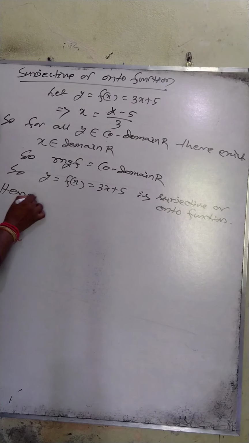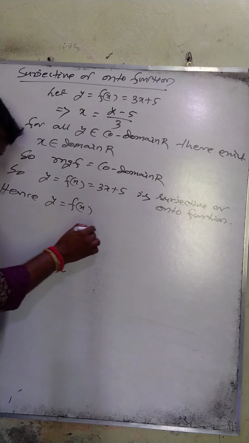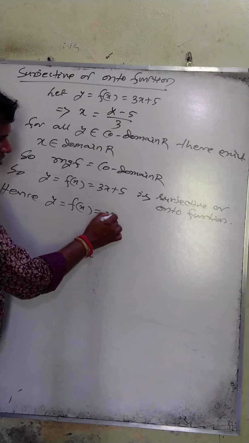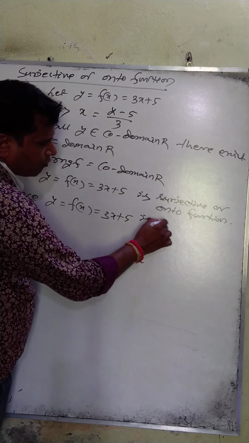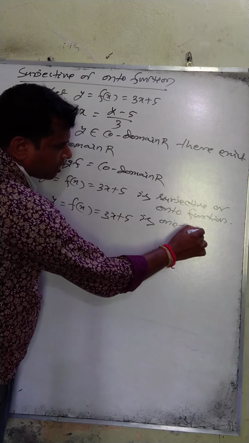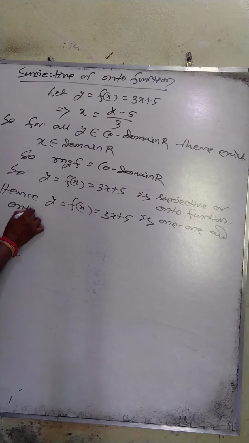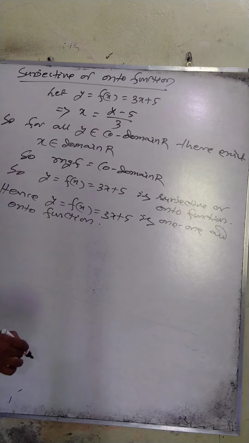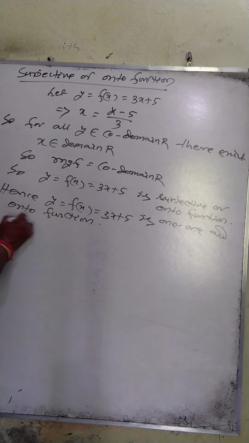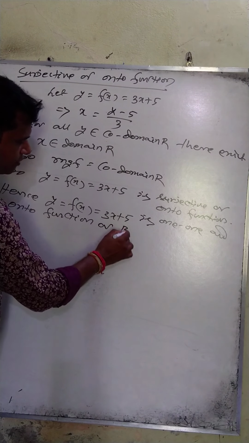Hence y is equal to f of x is equal to 3x plus 5 is one-one and onto function. So it is a bijective function.